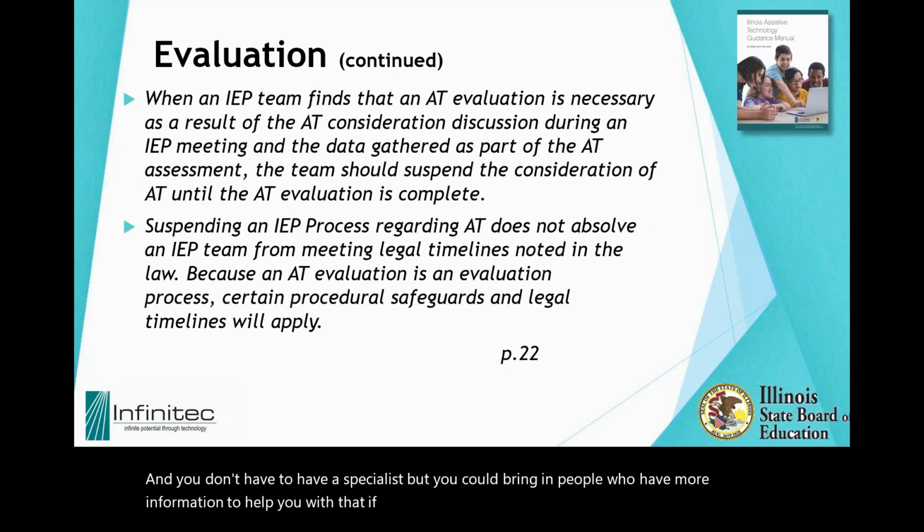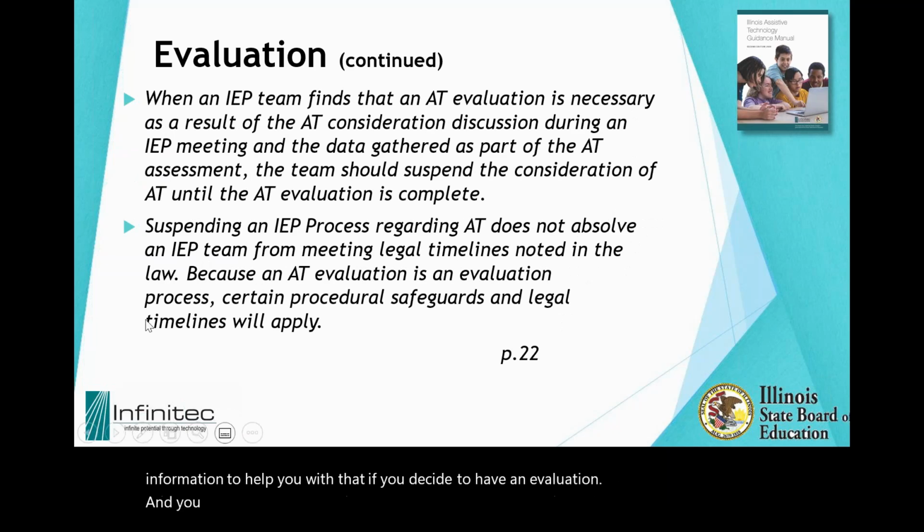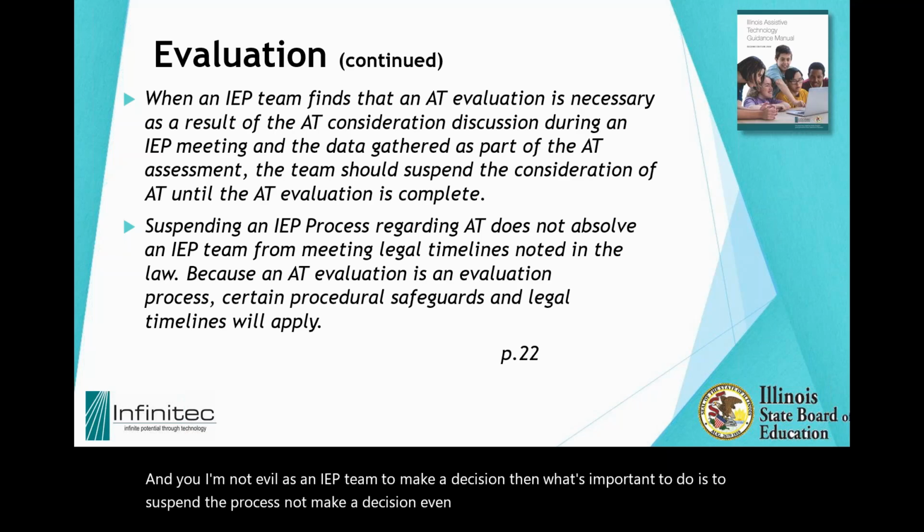If you decide to have an evaluation and you are not able as an IEP team to make a decision, then what's important to do is to suspend the process, not make a decision even though you don't have enough information, but suspend the consideration part of the IEP until the evaluation is complete.